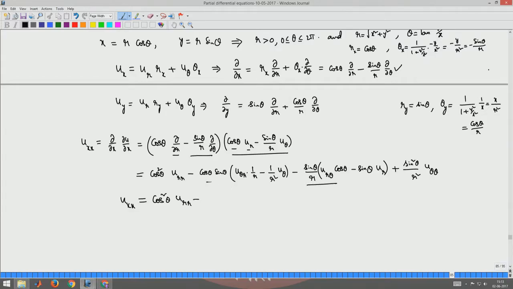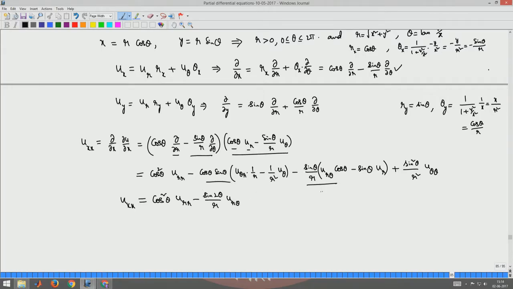So, this one together, that will be sin theta cos theta by r into u_theta r. u_theta r and u_r theta are both the same. So, you have sin 2 theta, 2 sin theta cos theta becomes that, by r u_r theta.